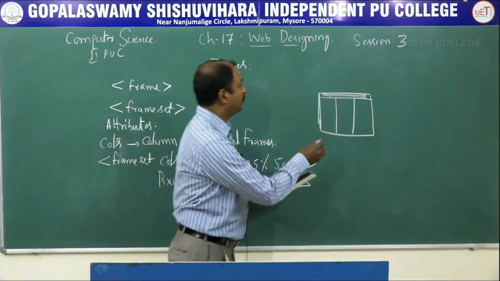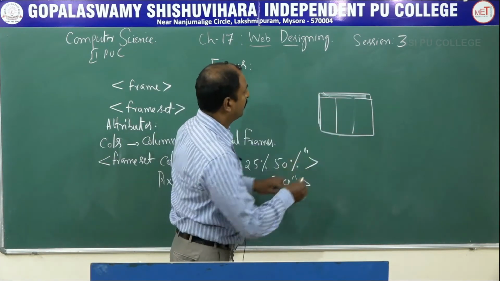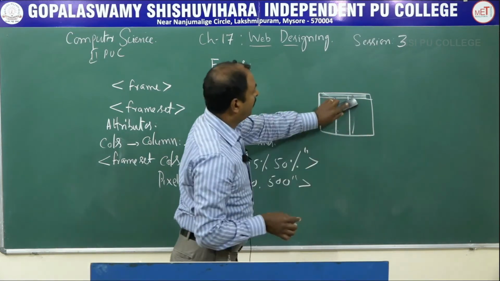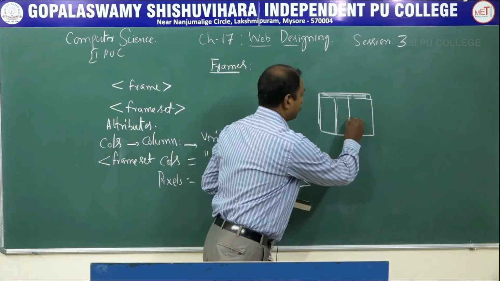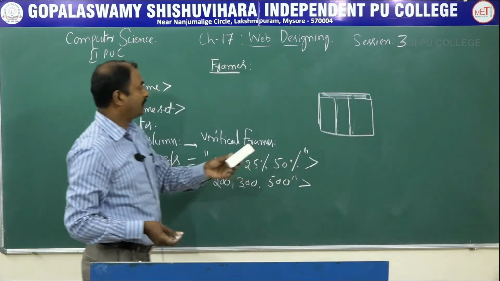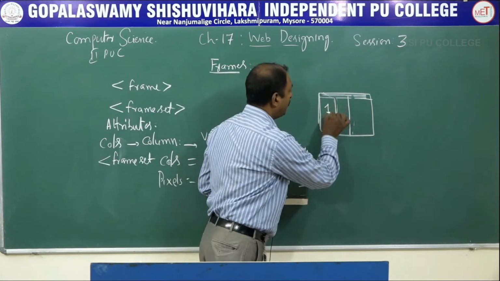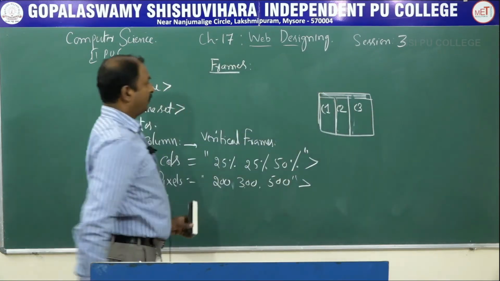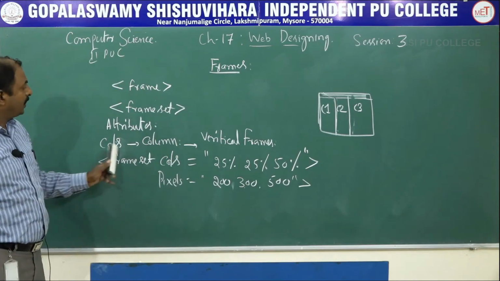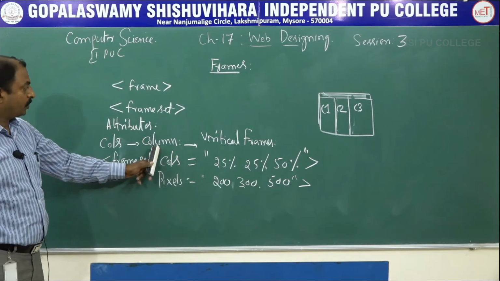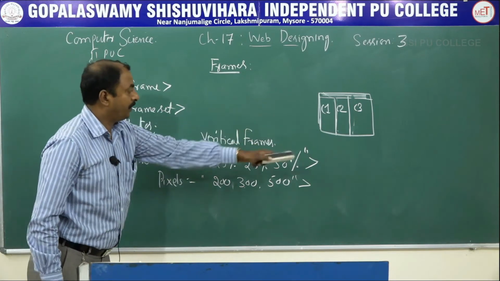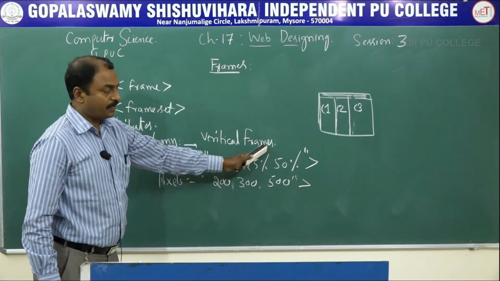You can assume it comes with the first at 25%, another at 25%, and the remaining with 50%. So this is your column 1, column 2, column 3. This is how we use the column attribute. The column attribute divides the web browser window into vertical frames.